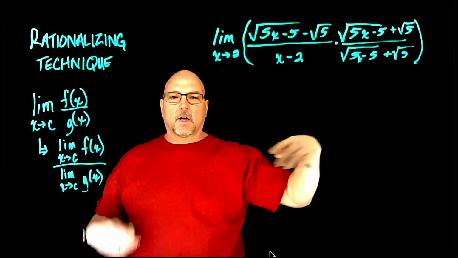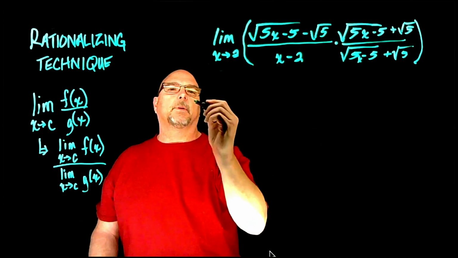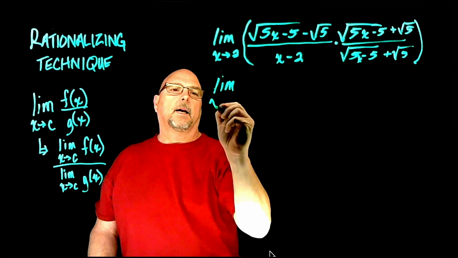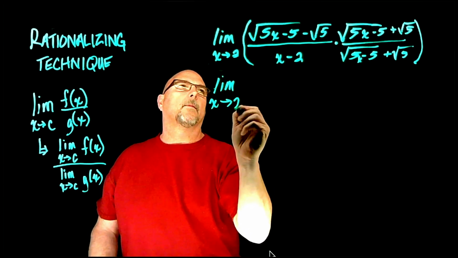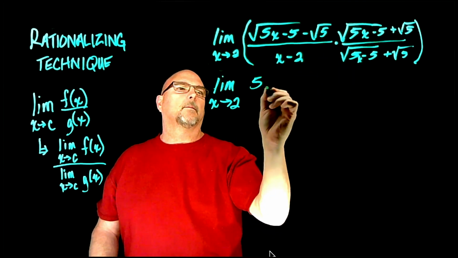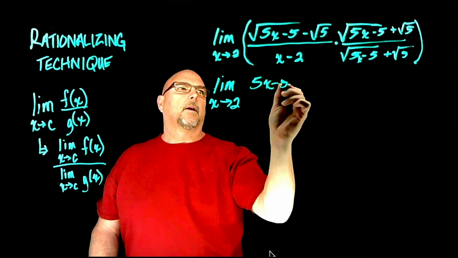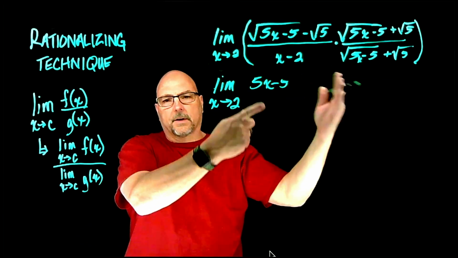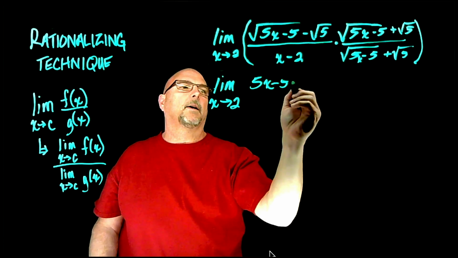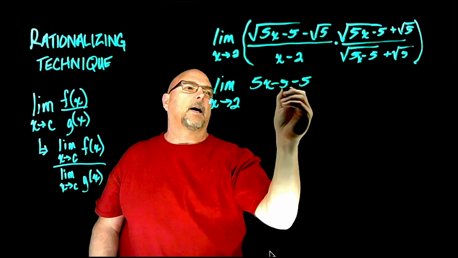So let's go ahead and multiply this out and we'll see what happens. I'm still going to have the limit as x goes to 2. First times first, that's 5x minus 5. Outers and inners, they're going to go away. And negative root 5 times positive root 5 is negative 5.